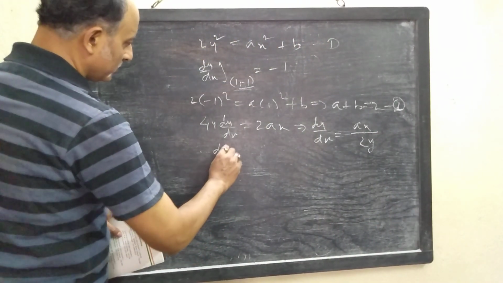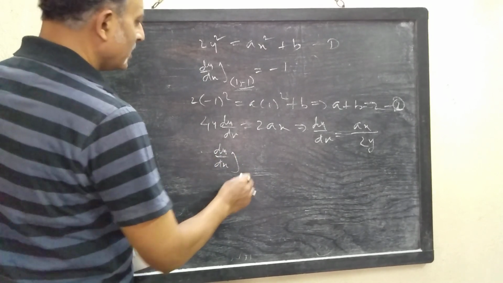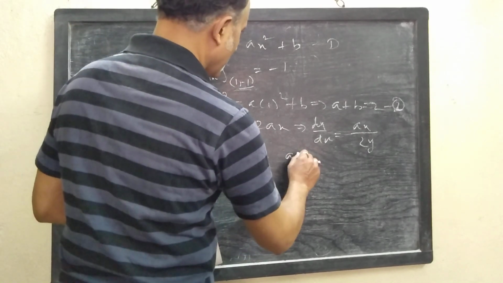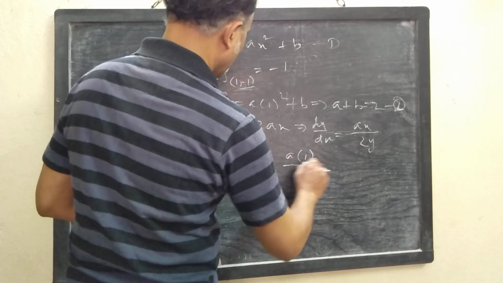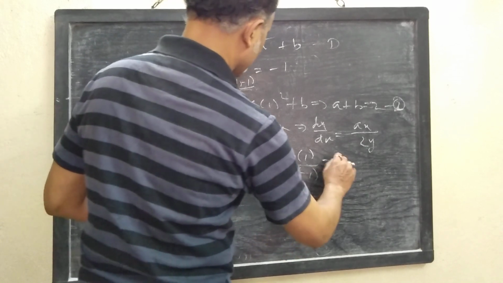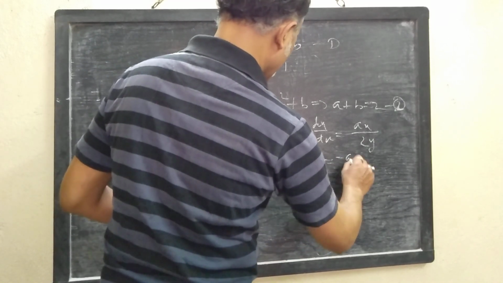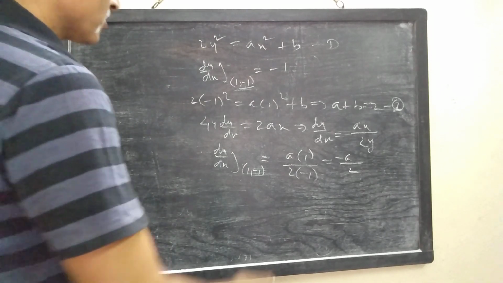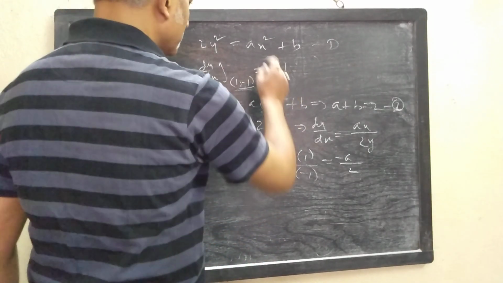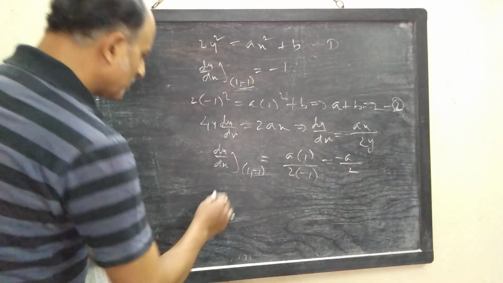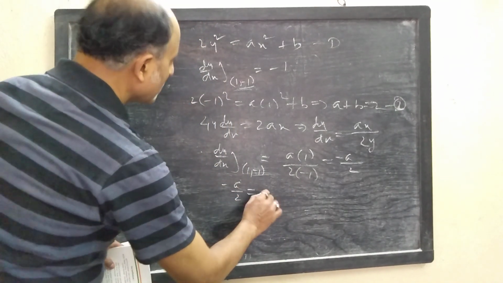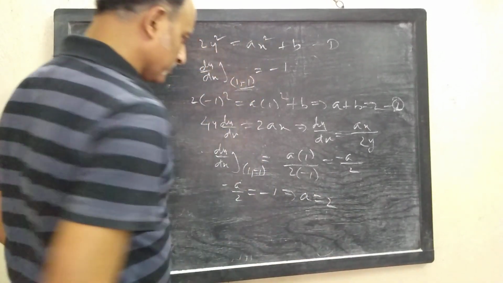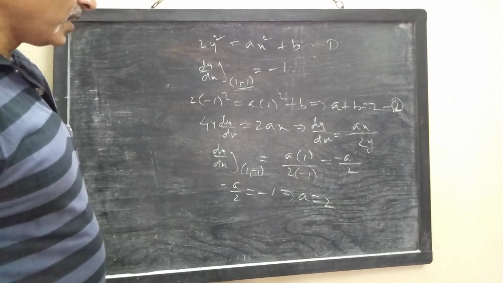So therefore, dy/dx at (1, -1) will be a into 1 by 2 into -1. So this will be -a/2. According to the question, it is given that the slope is -1. So you can write -a/2 equals -1. That implies a equals 2. So you get the value of a here.